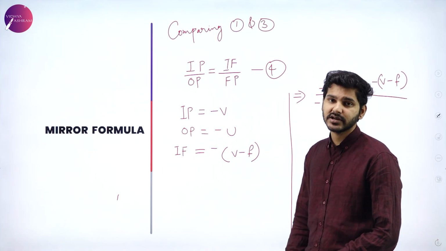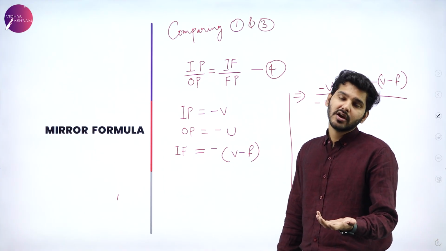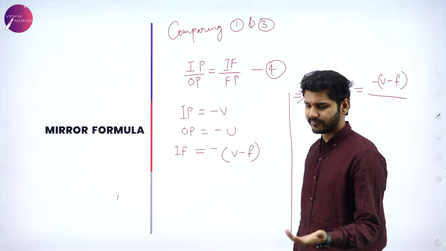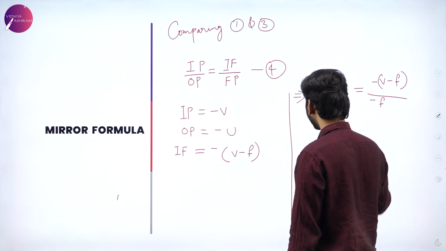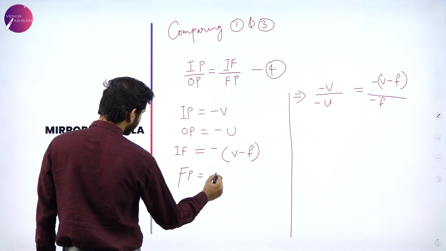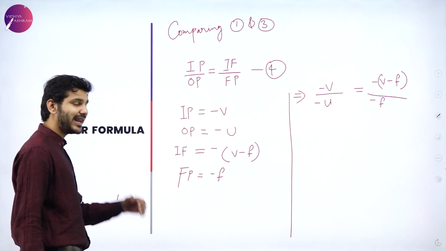FP is the distance from the center to the focus point, so that is nothing but the focal length F, and the focal length F will be indicated by a negative sign because it is on the left hand side.